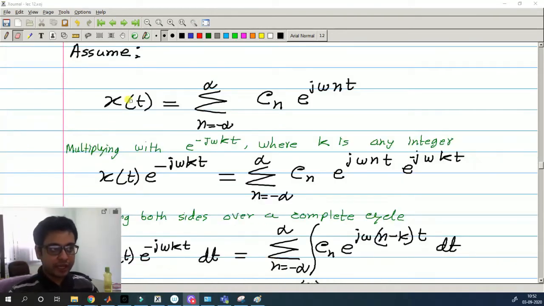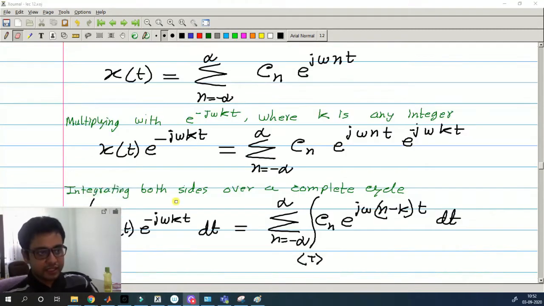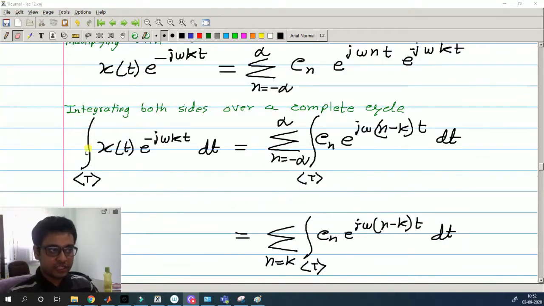We multiplied both the sides with something and then integrated both the sides over a complete cycle, so that in the right hand side the effect of almost all the harmonics becomes 0 and only one harmonic survives. We are using this trick repeatedly, and this trick is analogous to the following experiment.